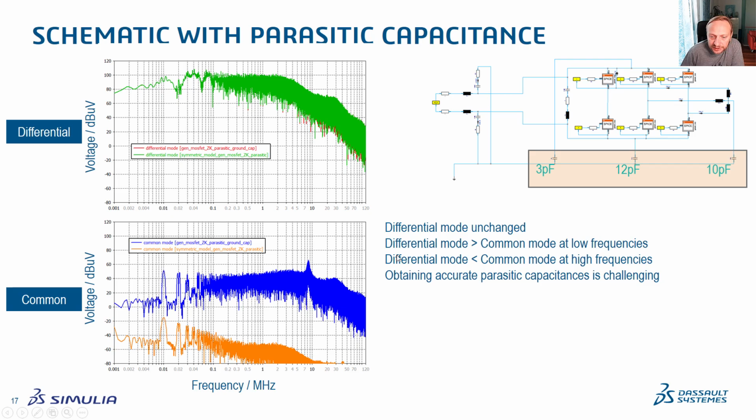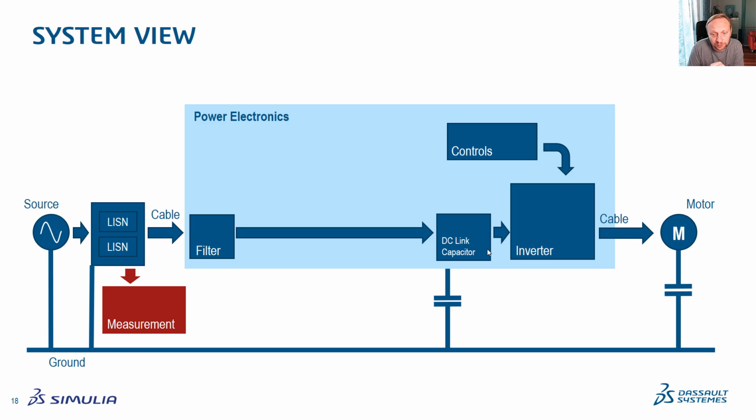Again, at low frequencies the differential mode is typically larger, while at high frequencies the common mode is larger. In this example it's not as clear, but that's what you will typically find in real hardware. This is, of course, a simplified example, and I will show you later on how we obtain this parasitic capacitance, which I just guessed here. So now we have a path for the common mode and a path for the differential mode.